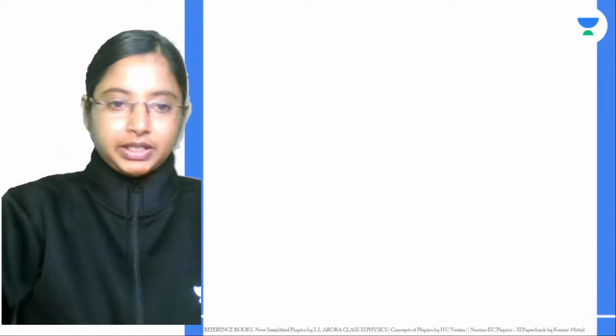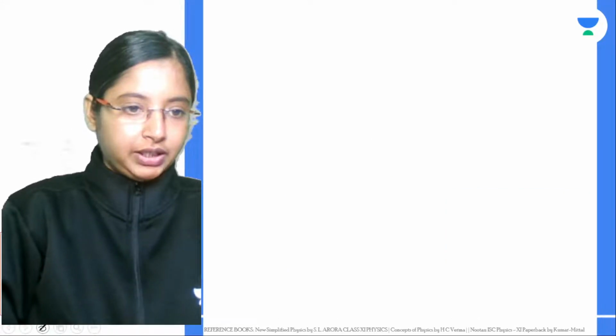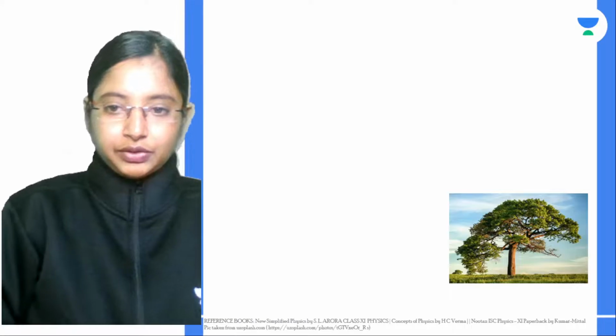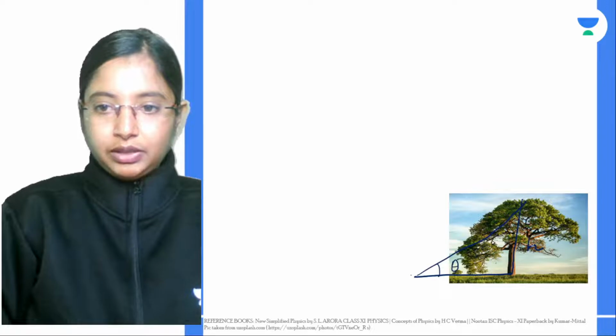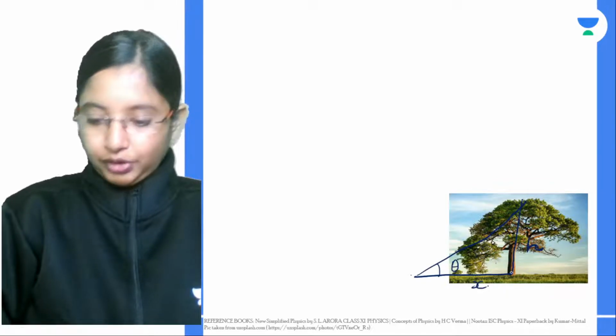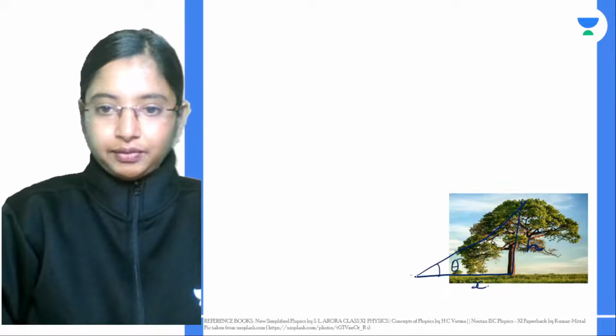This is basically from the formula we learnt. If you want to measure the height of any object, and you know this distance and this angle, you can measure the height. Now in case you cannot measure this distance, then you have to go further away and take another angle.